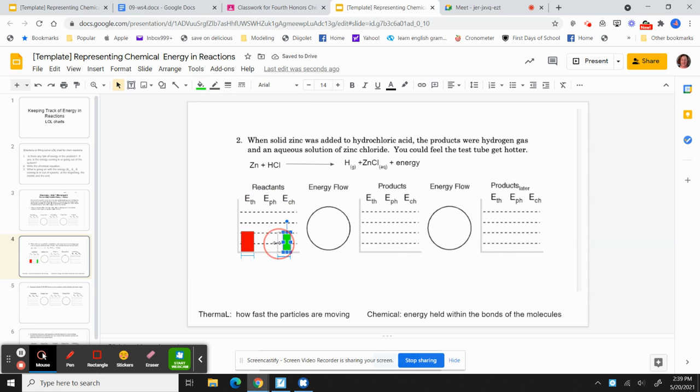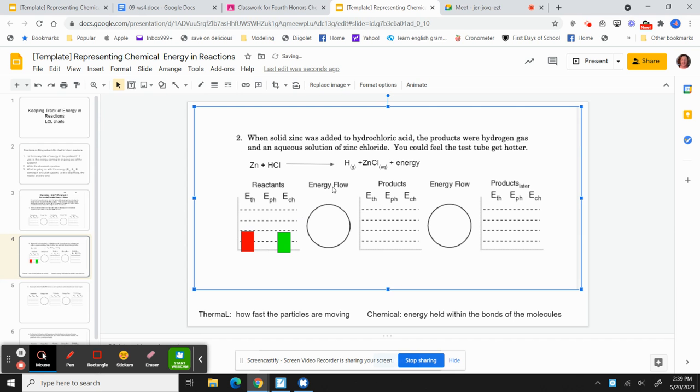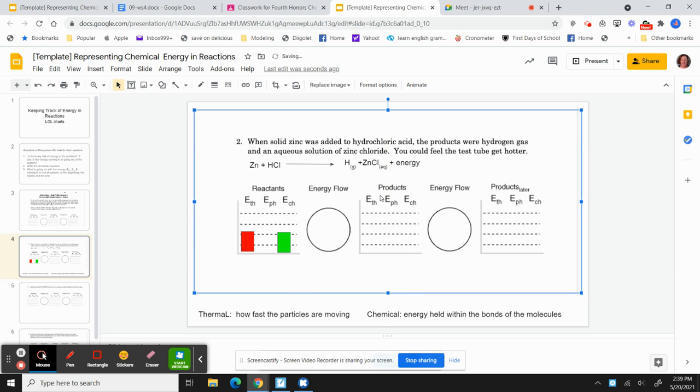All right. Okay. So now what we need to do is to think about what happens when the particles are put together. They begin to run into one another. And when they run into one another, what is going to happen to thermal energy? Ms. Ford, what's going to happen to thermal energy when the particles start to run into one another?